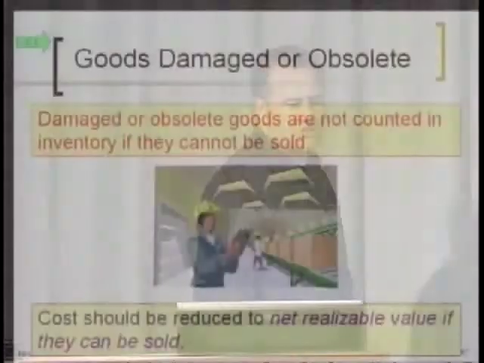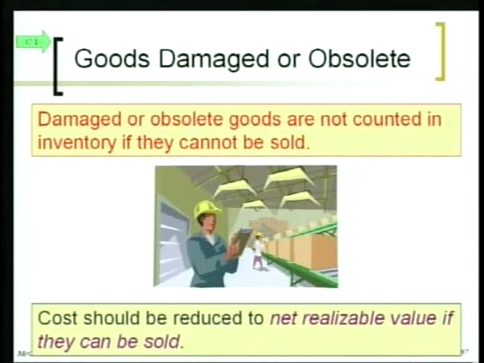Another situation. What about damaged or obsolete goods? What if you're doing an inventory count and you find some goods that have been damaged? Well, if they're completely trashed and they're just worthless, then you need to write down the books. They are not an asset. You have to decrease your merchandise inventory.